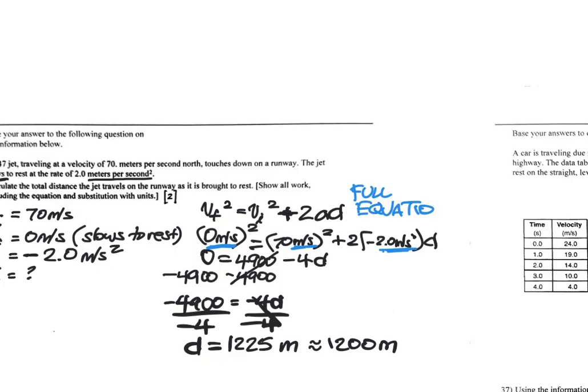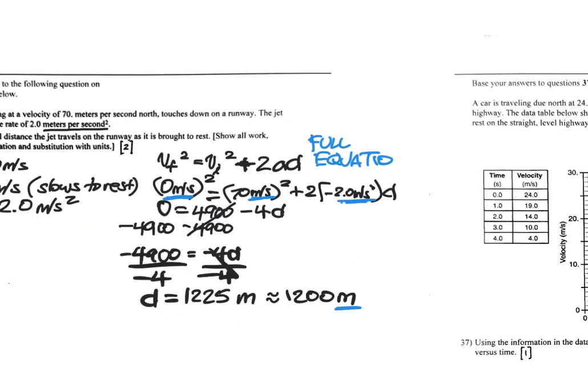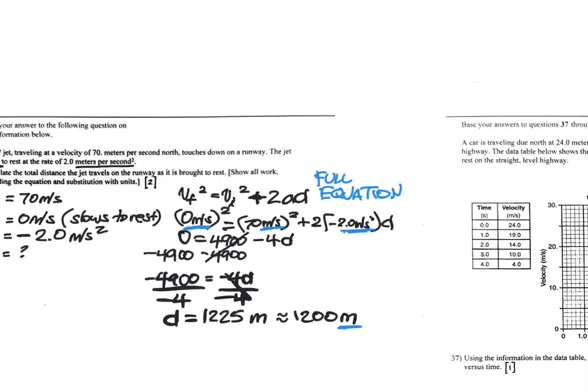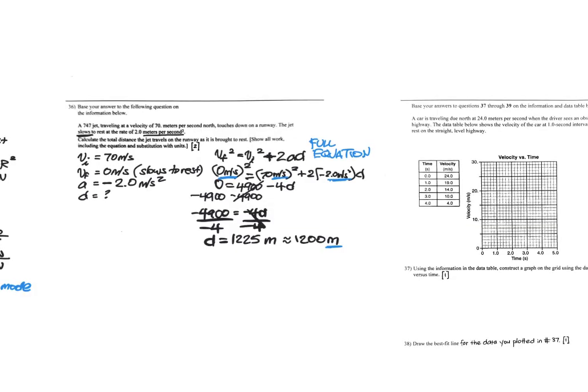In this part here I did not need to substitute with units, but I did include units with my answer, right? So you don't need to show all this work for multiple choice, but for 2-point questions, you certainly do. All right.